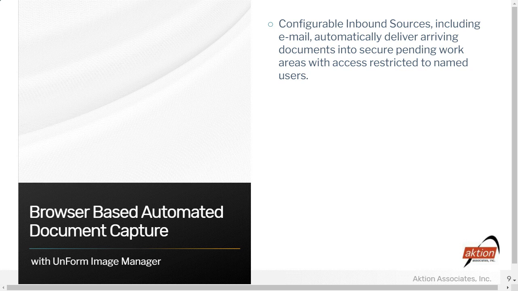Emails come in, we pull the attachment off and process it based on the configuration of that particular source. And of course, you can also have directories set up to be monitored. You can scan documents to a specific directory and have them processed, or drag and drop documents into a directory, and based on how that source is configured, we know what to do with those documents as they arrive.